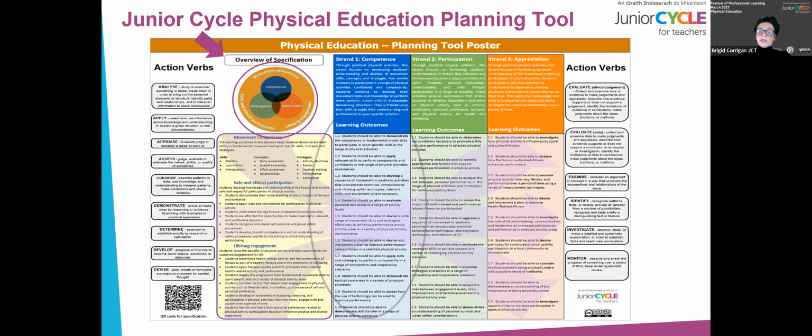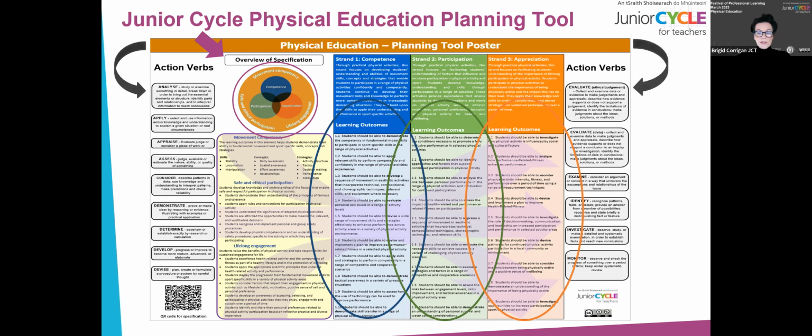The poster also gives the 28 learning outcomes grouped by strands and the associated 14 action verb definitions. And the new PE specification emphasizes planning for a non-linear integrated approach in learning, and this resource offers practical support with this.